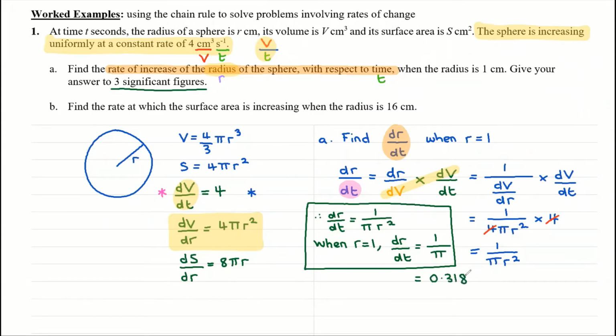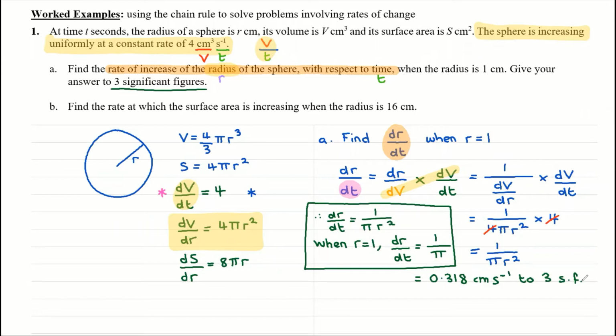And we'll put the units on as well. So this is centimeters per second to 3 significant figures. Okay, so that's part A.